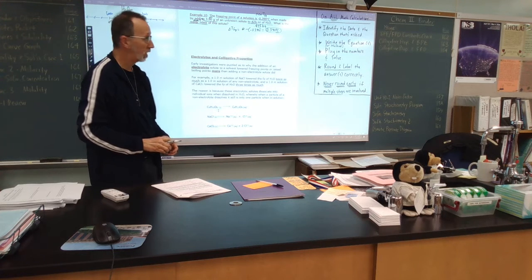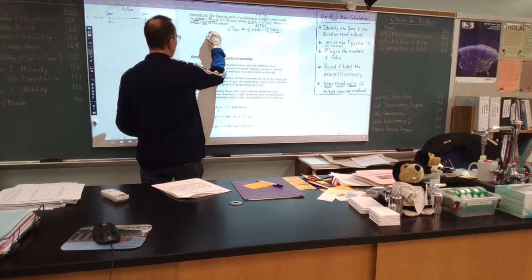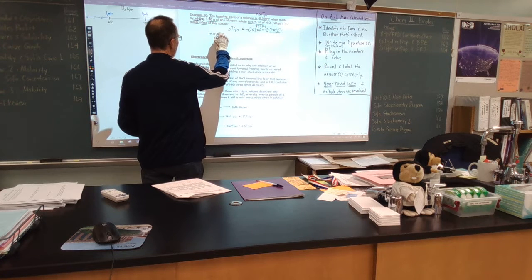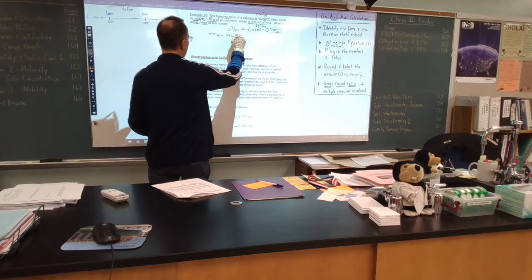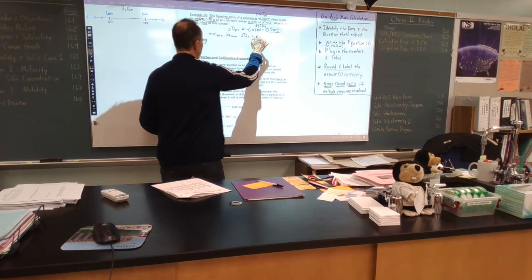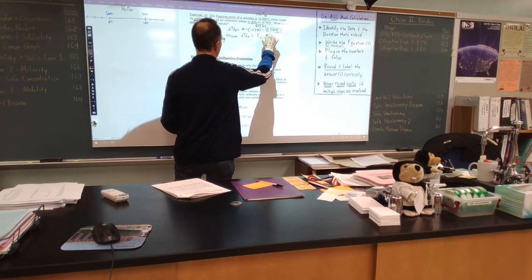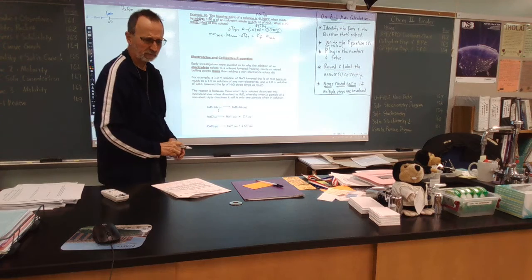All right, so we're going to utilize this new equation that we just derived. So this is the molar mass of the solute times the kilograms of the solvent times the change in the freezing point temp is equal to Kf times the mass of the solute.